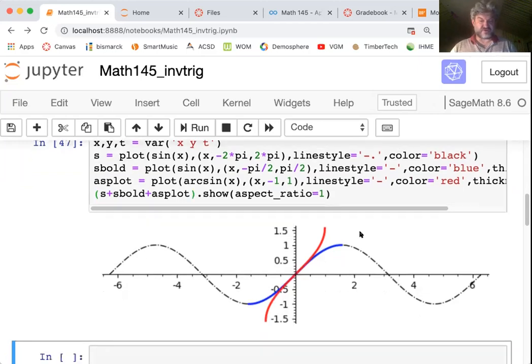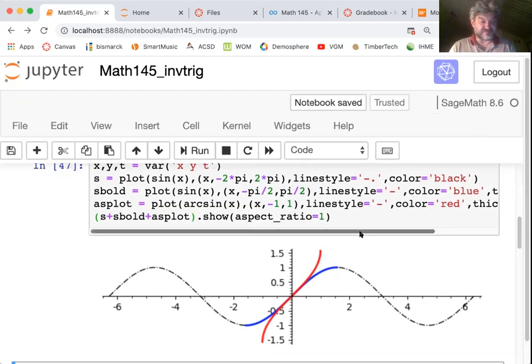If you ever want a value, we can actually read that off the red graph. For example, arcsin of 0 is 0, arcsin of 1 is pi over 2, arcsin of negative 1 is negative pi over 2, but you can also just read it off the graph of the original sine function.